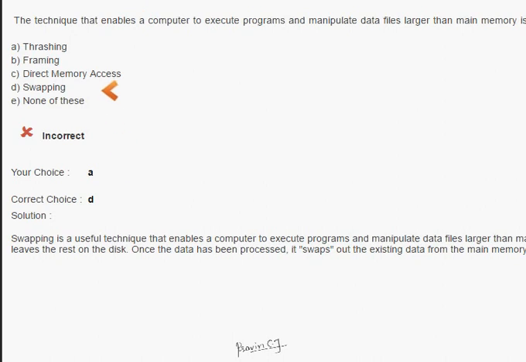Swap in, swap out. Everything is transferred to the main memory. The reason is that the data files are larger than the main memory. So in that case, swapping is done.